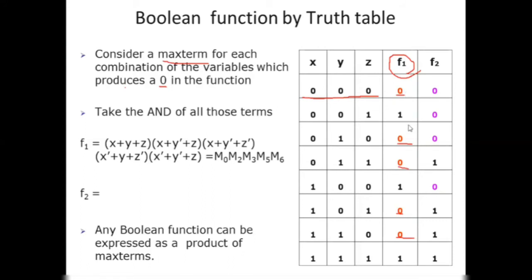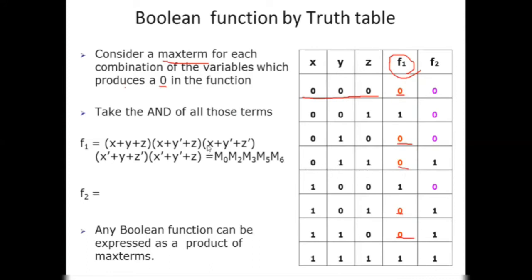term. And the second term corresponds to this value here. x is 0, y is not 0, and z is 0. And so we get x OR y dash OR z because y is only 1. So likewise, let's go to the third 0 we get in the function. This term needs to also be written.